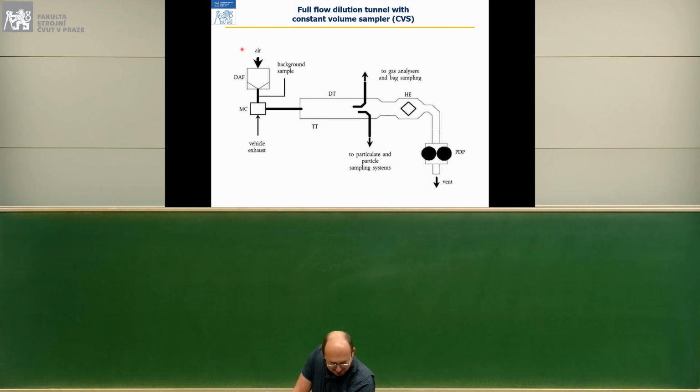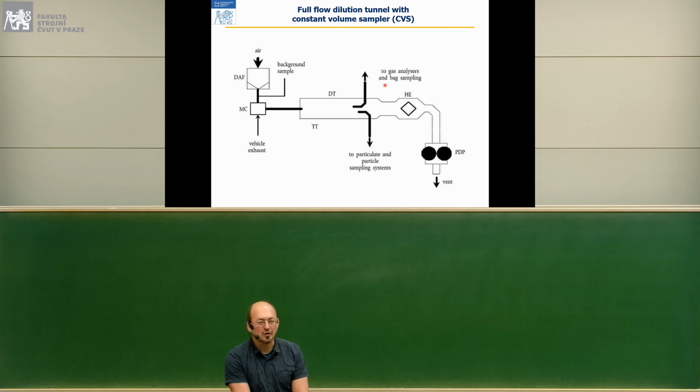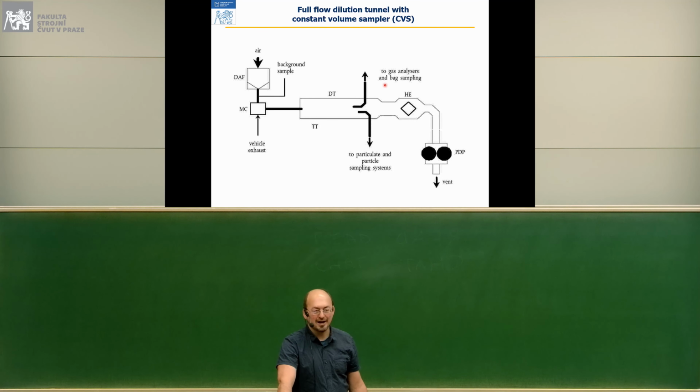So you have a variable amount of the dilution air and vehicle exhaust. The sum is constant. And from this flow, you take samples to gas analyzers and also for bag sampling. The gas analyzers can either measure online as you go, second by second, or you can sample the exhaust into bags.